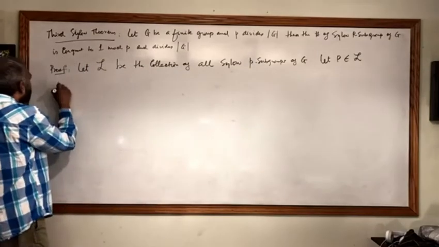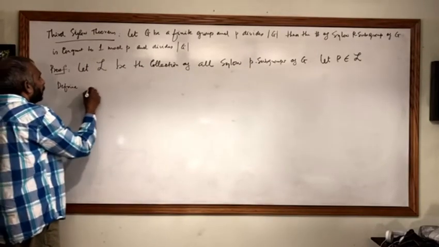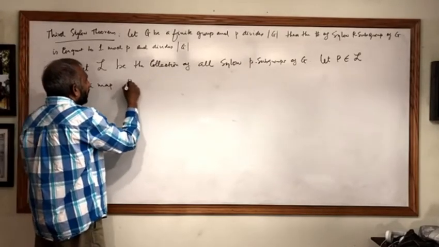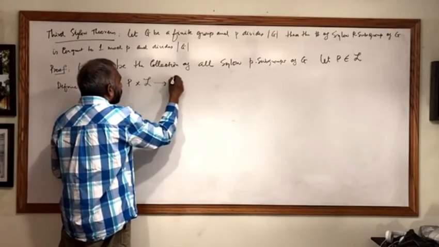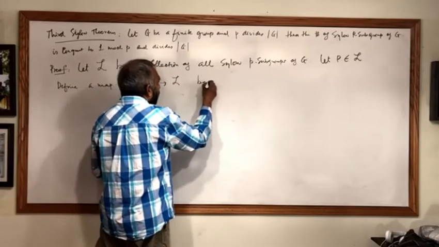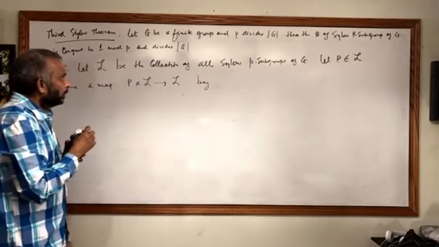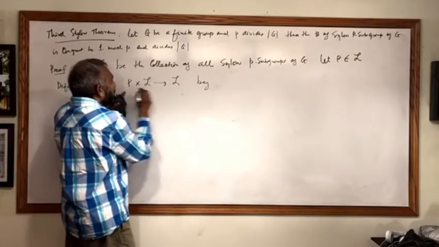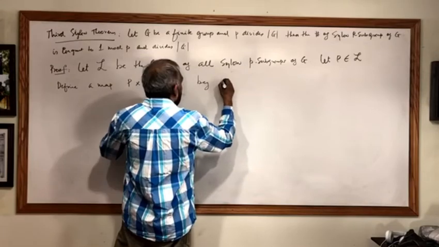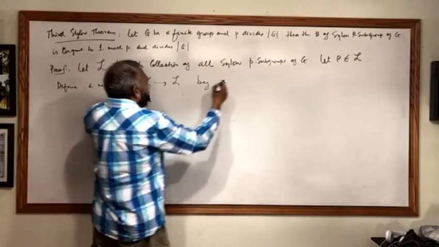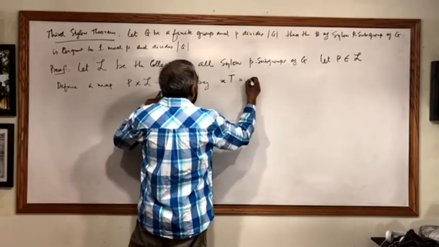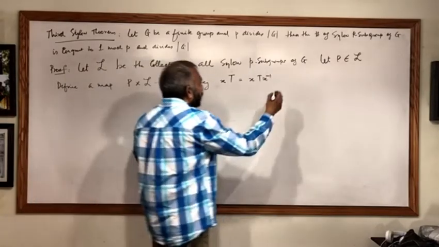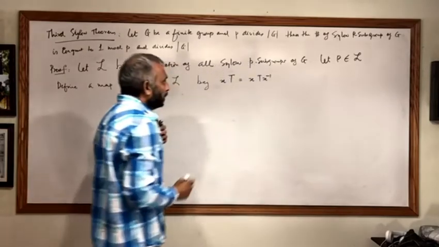Now let's define a map from P times L to L by x times T is equal to x T x inverse. That means you are taking T to its conjugate.